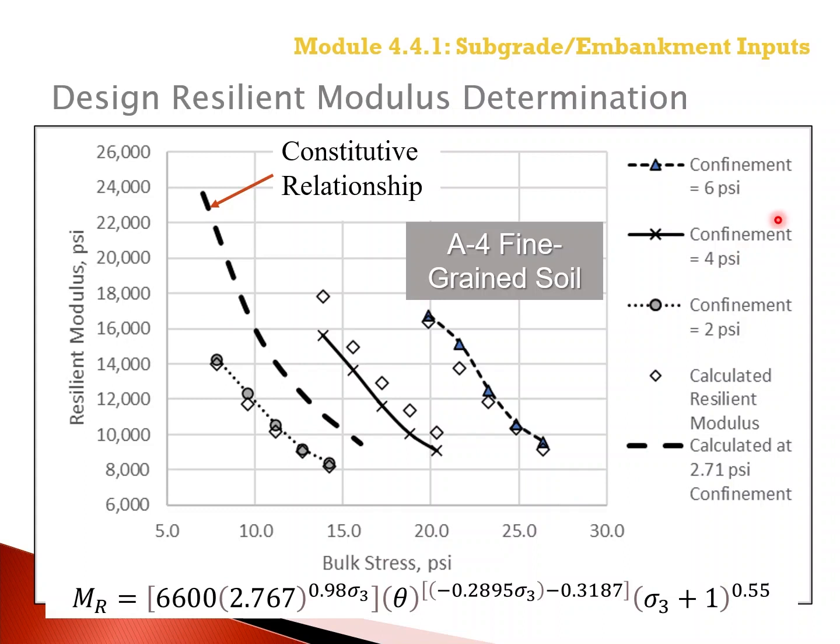So this would be the calculated resilient modulus as the bulk stress and the in-place confinement change for different levels. This is the constitutive relationship defined by the equation below.